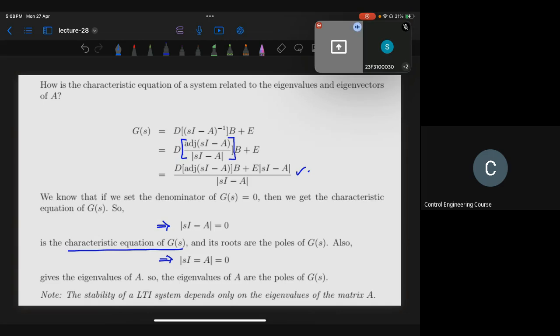The roots of this characteristic equation are the poles of G of s, because it is a transfer function. In matrix theory we already know that roots of this characteristic equation are nothing but the eigenvalues of A. So the poles are nothing but the eigenvalues of A. That is the conclusion.